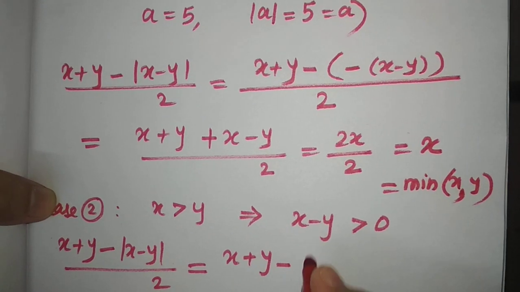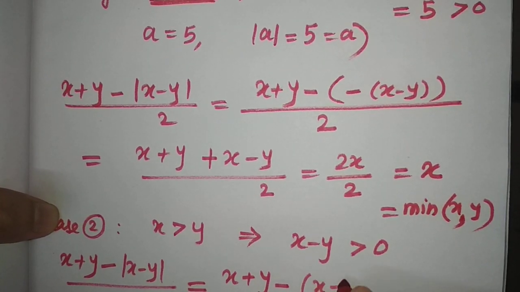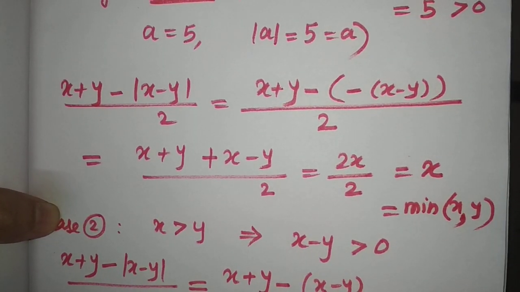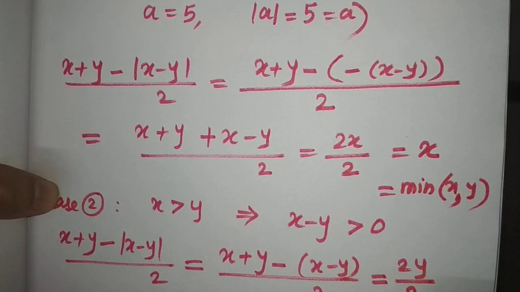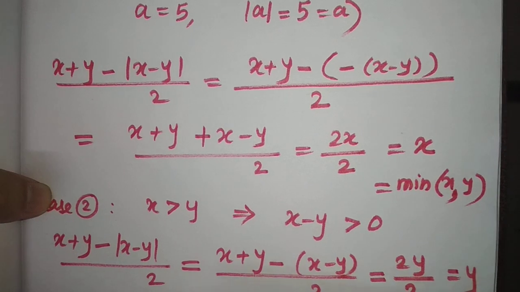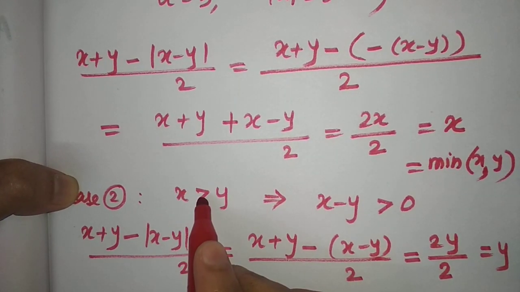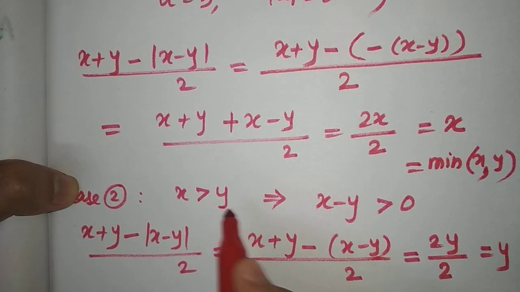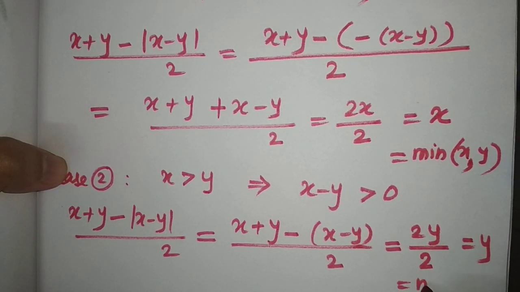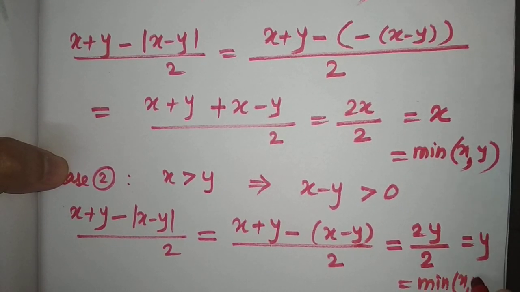Now simplify this: you will get 2y by 2, which is the same as y. Note that when x is greater than y, the minimum of x and y is y. So this is equal to the minimum of x and y.